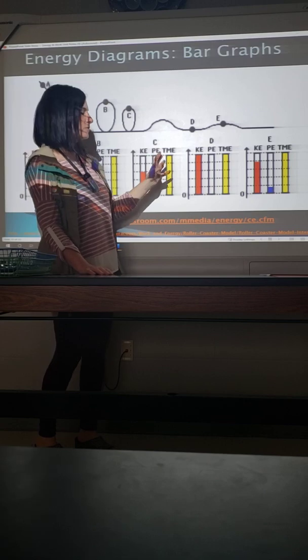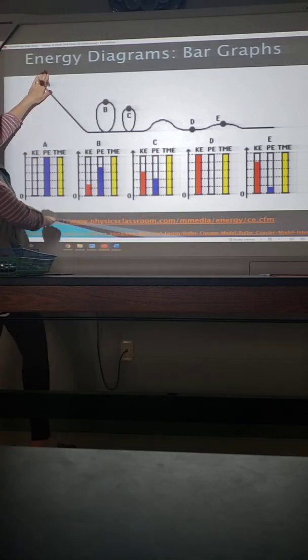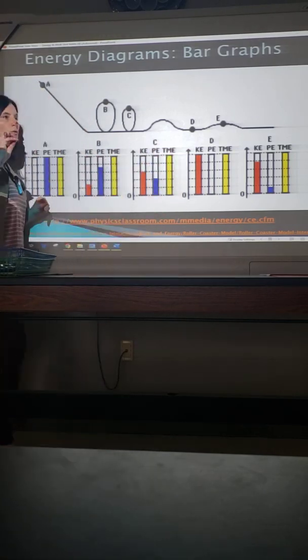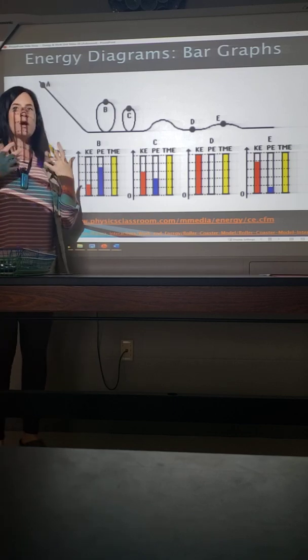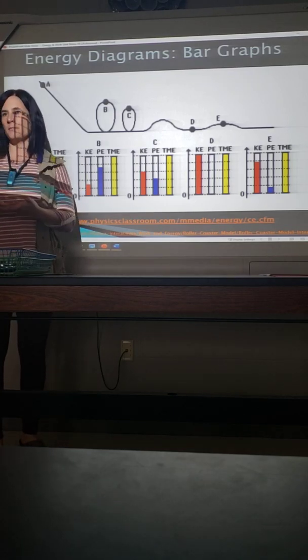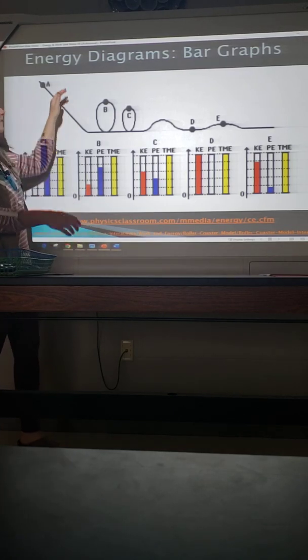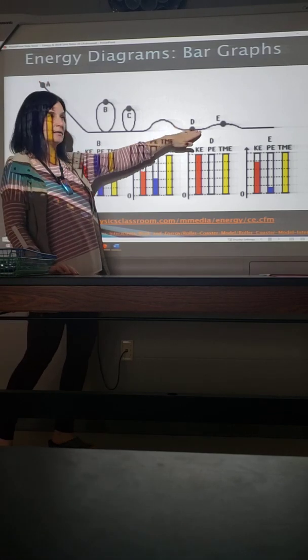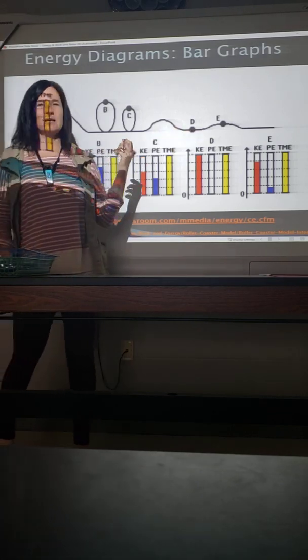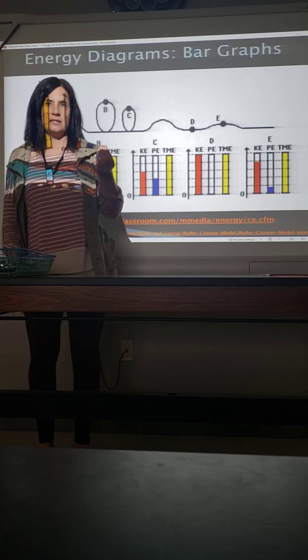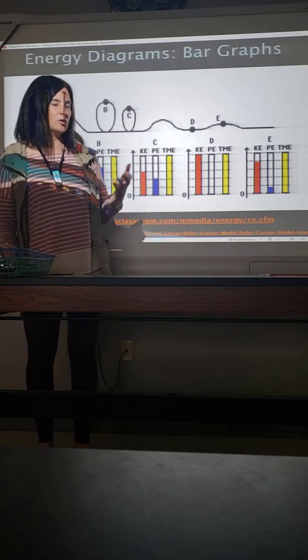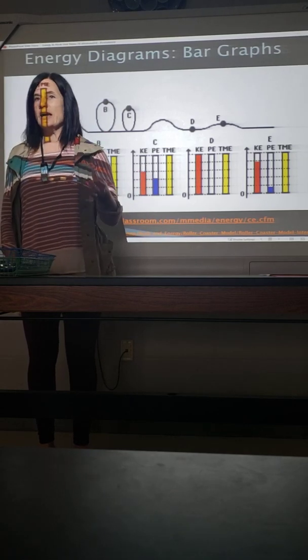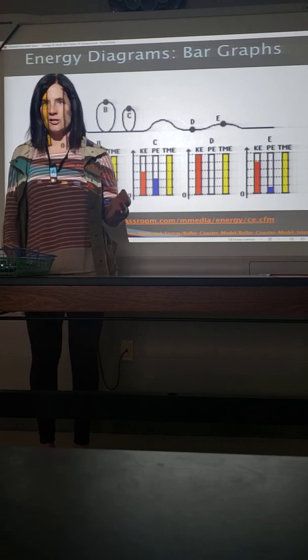And then you have the ones in between, right? You have the highest and the lowest. Those are always easy because you know one of them is going to be all kinetic and one of them is going to be all potential, depending on if you have all height or if you have no height, right? In these examples, you can visibly see height. You can't really see motion. So I always try to tell you, look at height first, because that you can actually see.